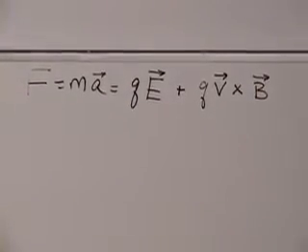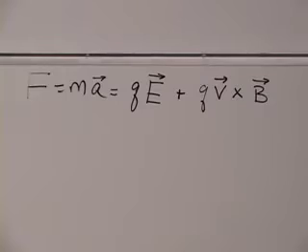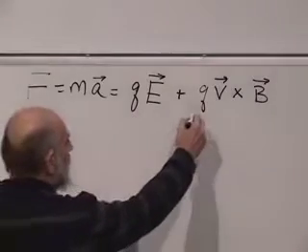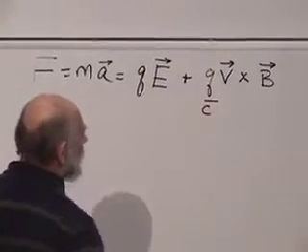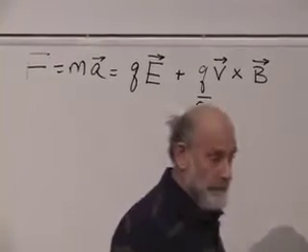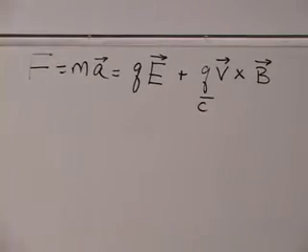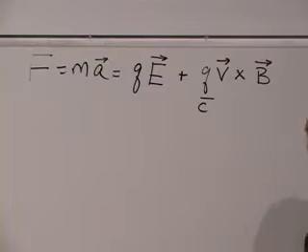Depending on your choice of units, some familiar units put a c down here where c is the speed of light. I'm going to leave it out. You will find in some choices of units, in fact in a lot of choices of units, the speed of light is included down here, but this doesn't matter.